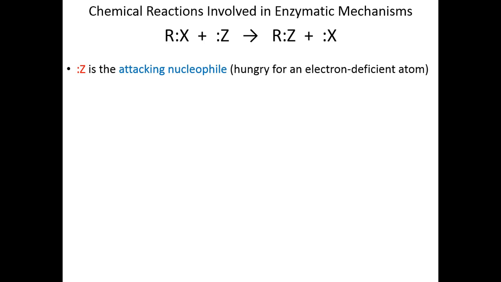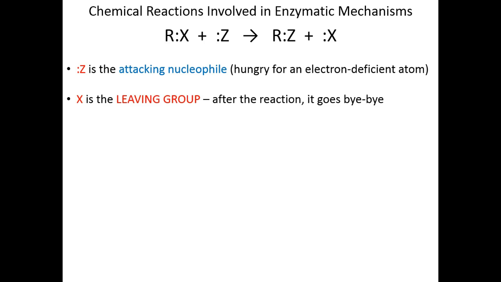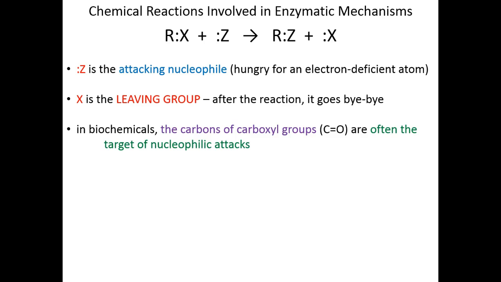So in this general example, Z is the attacking nucleophile, again the oxygen of serine in our previous example. It's hungry for an electron-deficient atom, and X is the leaving group, what leaves as a result of the reaction, and in the case of chymotrypsin, that was the second half of the substrate molecule, everything that lay after the peptide bond that we cleaved.